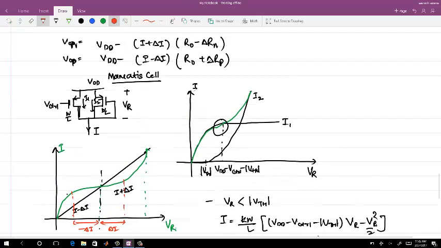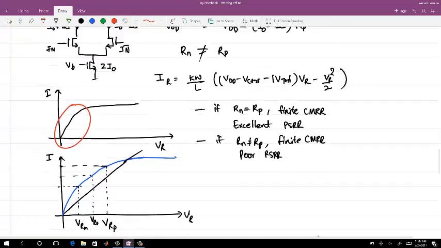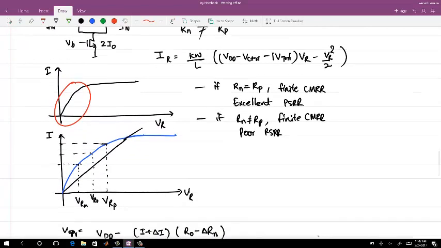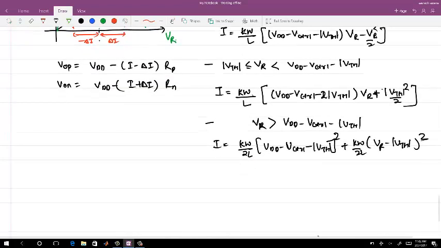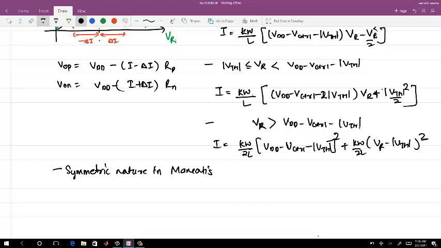Now, if the change in the resistance is the same in your left and right branch, then your power supply noise will appear as a common mode noise to an extent, and you will have a better PSRR. So the symmetric nature in the Maniatis cell, the TIS cell, actually leads to better PSRR.